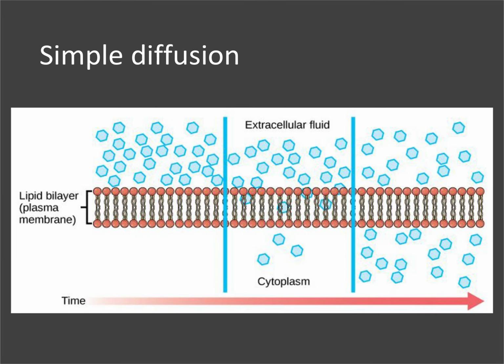This picture is showing you simple diffusion happening across the cell membrane. So you can see in the picture that we're looking at what's happening over a period of time here. We start out with a high concentration of whatever this substance is on one side of the cell membrane, and then a low concentration on the other side.